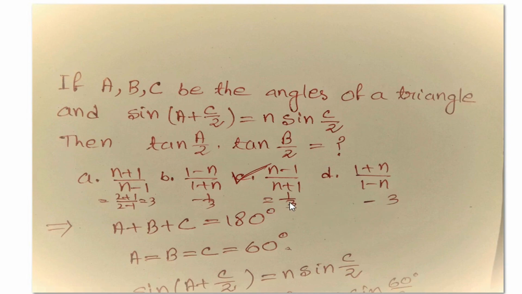So 1 over 3 is our answer. So C is our answer, because n equals 2 and we get tan(A/2) tan(B/2) is 1 over 3. We put n equals 2 in the options and we get 1 over 3, and because we know that this is 1 over 3, C will be our answer.